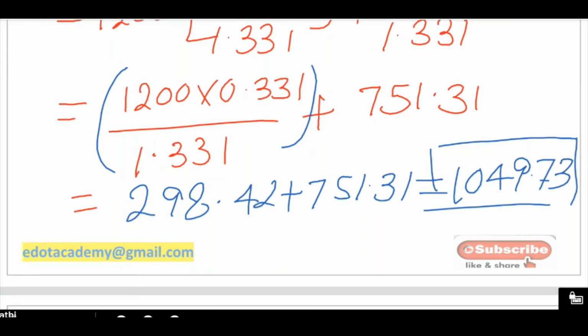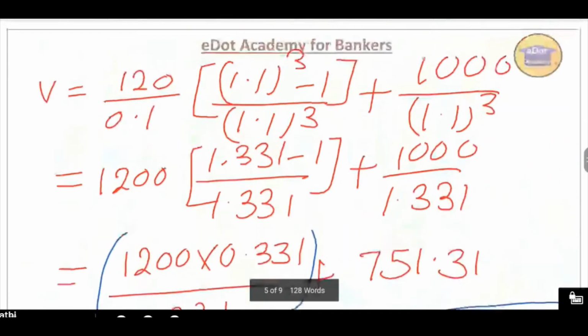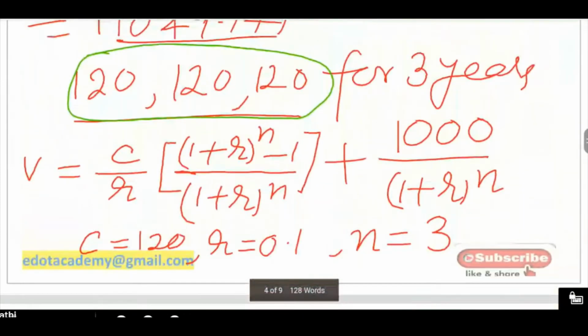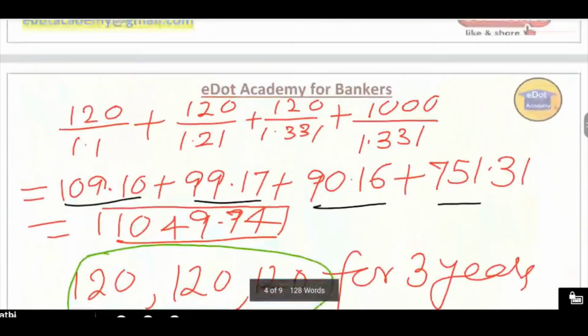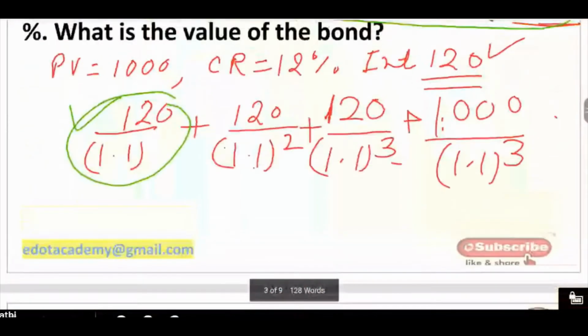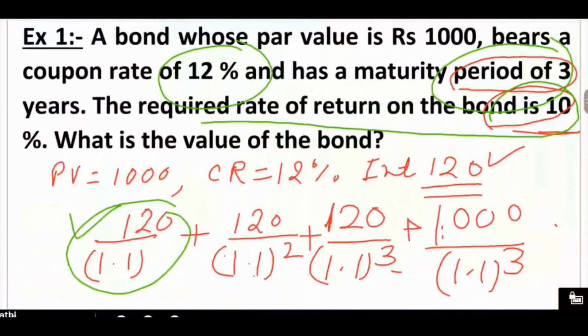Okay, now in the first method, I just repeat here so that you don't forget. In the first method we use the discounting factor. Because we are earning 12% as a coupon rate, 12% of 1000 means every year we will get 120 rupees, 120 rupees, 120 rupees.